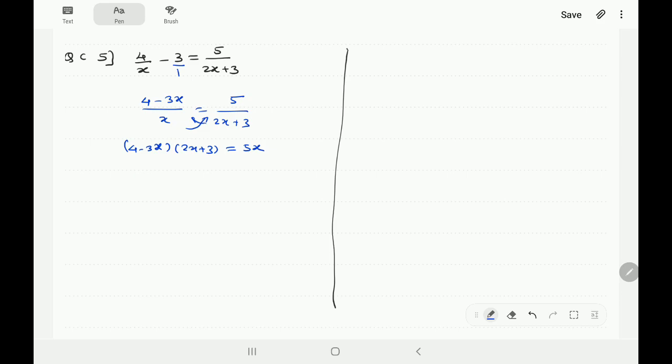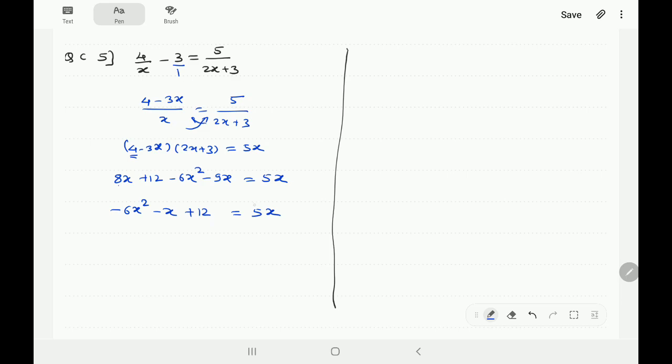Let me multiply by 4 first of all. 4 into 2x is 8x, plus 12, minus 6x square minus 9x, equals 5x. Got it? Now I'll simplify this first. Minus 6x square, 8x minus 9x minus x, plus 12 equals 5x.